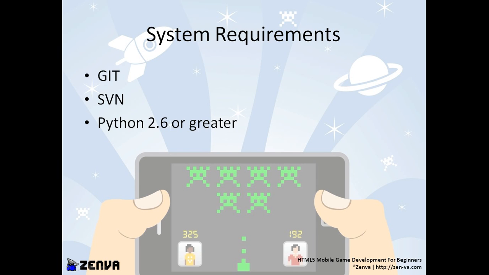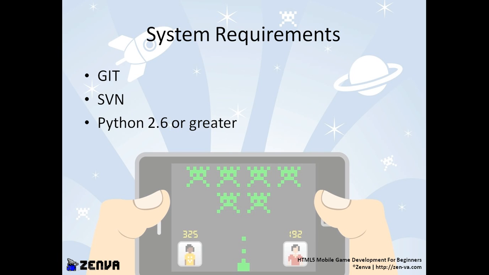Now, your system requirements, because you have to install this Lime.js in order to develop with it. The end products are going to be just HTML, JavaScript, and CSS, and well, images and sounds and whatever other assets you're using in your game. But you still need to run a few commands to develop in this framework. So you have to install Git, whether you want to use it or not, whether you know what it is, whether you care.